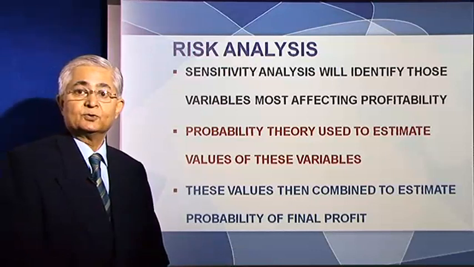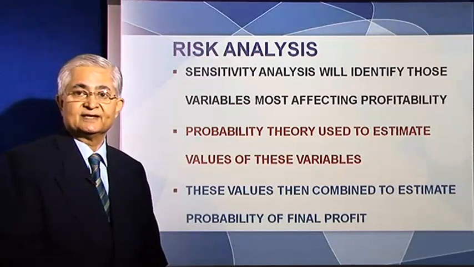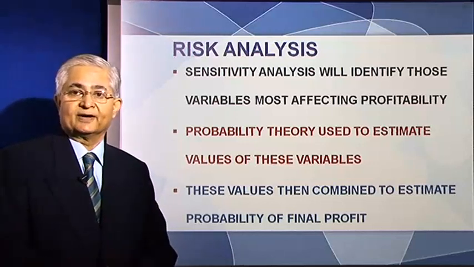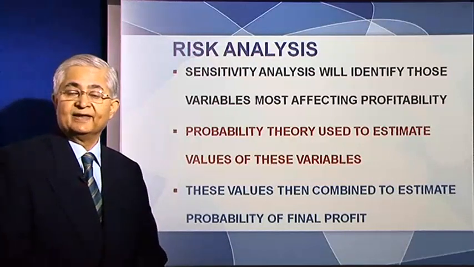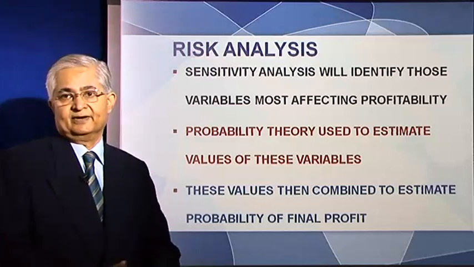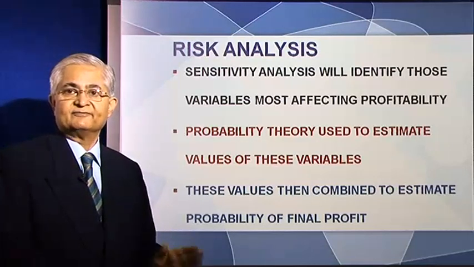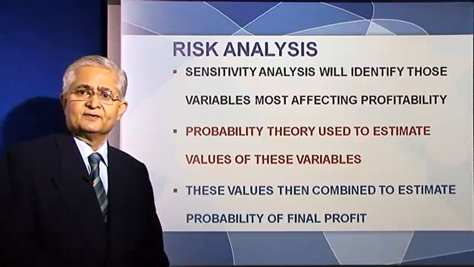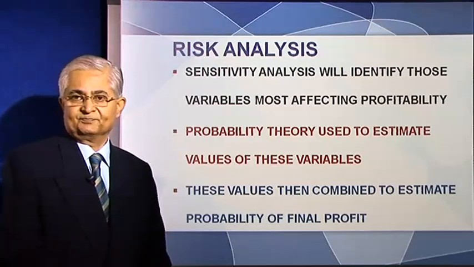Now let's look at the second variable which sensitivity analysis identified, and this is the price of the final product. Now the price of the final product could vary from 500 to 600, right? There is a 40% chance that the price will be 550.